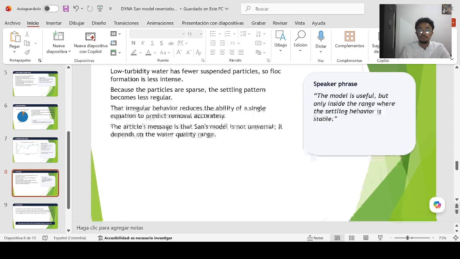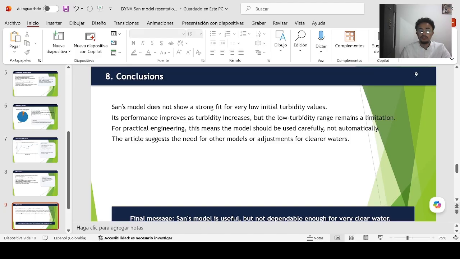And now to finish, we have the conclusions. The article concludes that the SAM model does not provide a strong fit for very low initial turbidity values. Its performance improves as turbidity increases, but the low turbidity range remains a limitation for practical engineering.